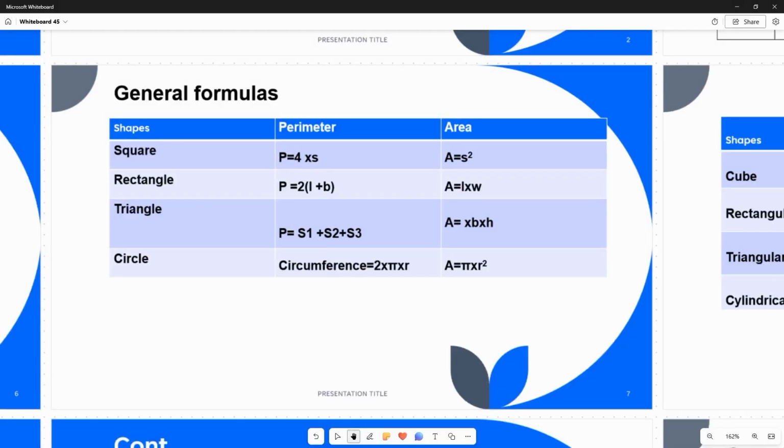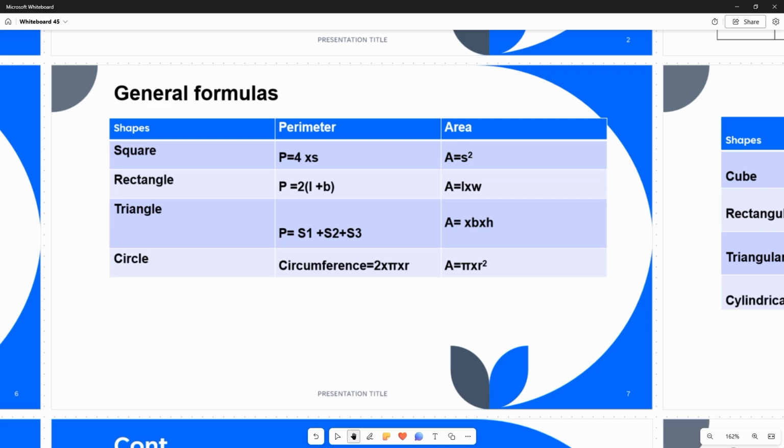Right, so let's look at the formulas we use to calculate these quantities. The major quantities we calculate are the perimeter, area, and volume. But let's start with the most common, which is perimeter and area. Remember, we have already defined this. Perimeter of a square. A square is that shape with all sides equal.